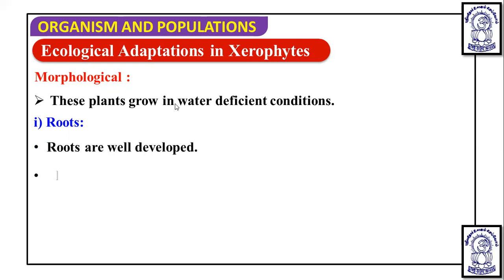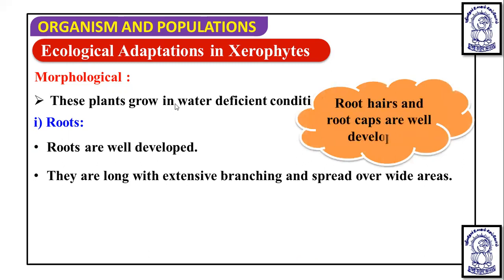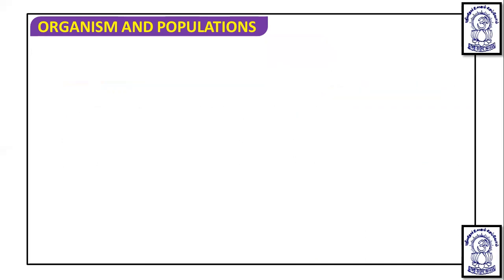These roots are profusely branched and long, with extensive branching, and spread over wide areas. Root hairs and root cap are well developed, because they need to absorb a lot of water. So these are the particular plants.